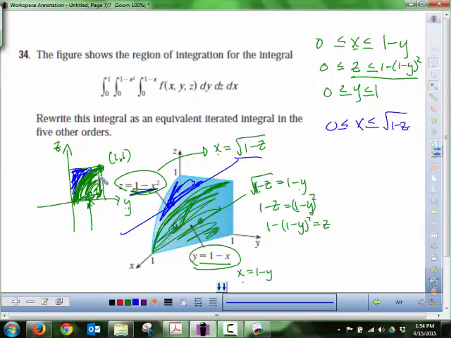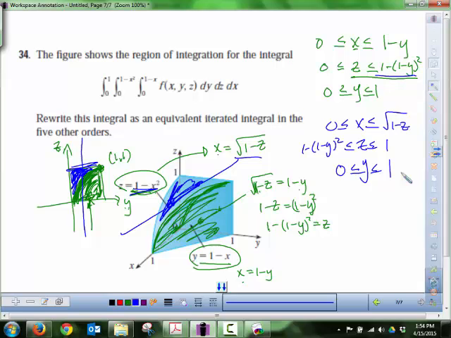And then I'll integrate that with respect to z first, and then y. So now if I integrate this with respect to z, I would enter my region at this function, 1 minus y squared. And then I would exit up here, z is equal to 1. And then my y goes from where to where?